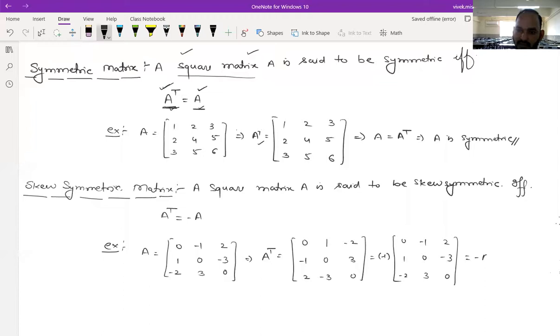So minus 1 common, and this is minus of A. So A is skew symmetric.